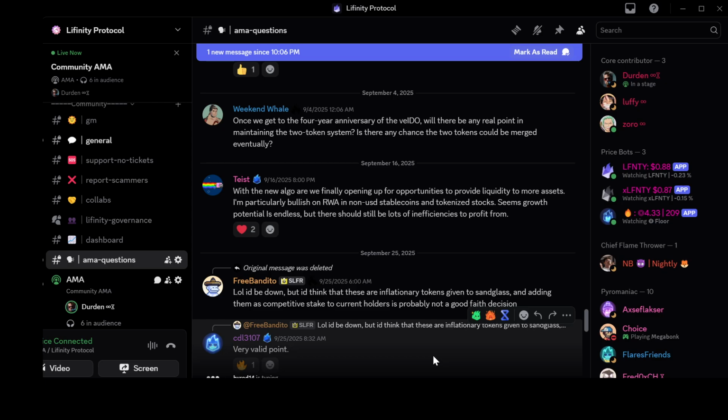So that's the purpose of the locking: if you commit to being a long-term holder, then you get a larger share of the revenue. That's at least one of the points of having the two token system. And I've written about it more in a Twitter thread, a while ago, a very long thread explaining why Lifinity's token system is a good system.